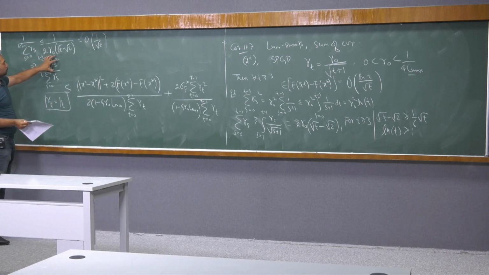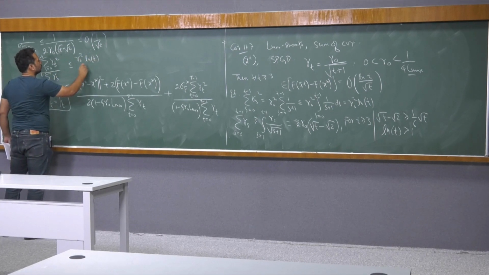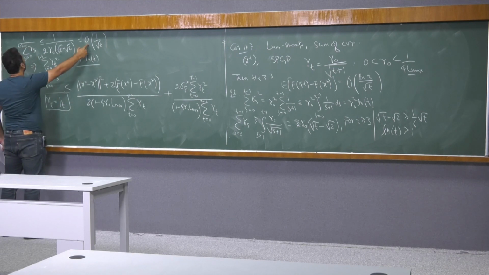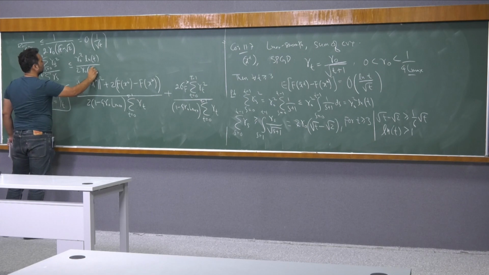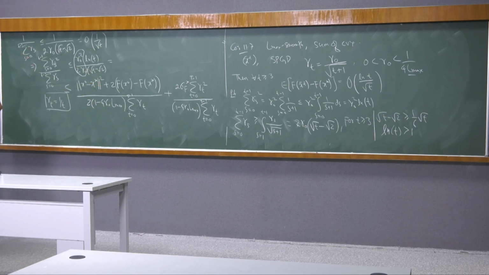Overall this is bounded by gamma naught square ln t. And then this is bounded by 1 by 2 gamma naught times square root of t minus square root of 2. When I write in terms of order, these are constants, and this is bounded by, as we have already seen, 6 by square root of t.